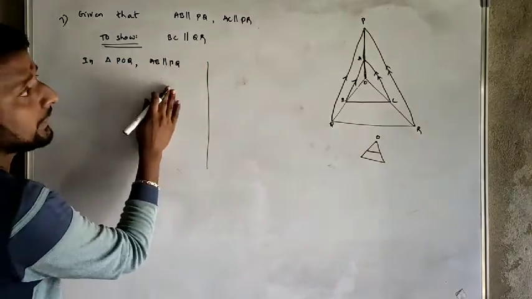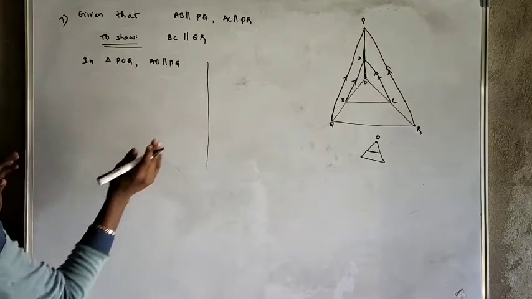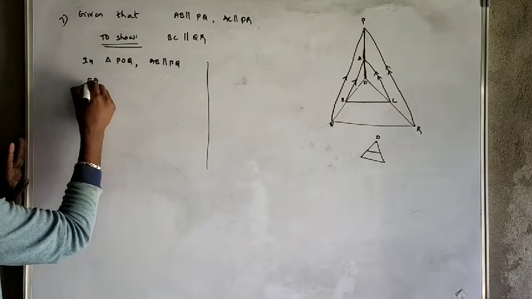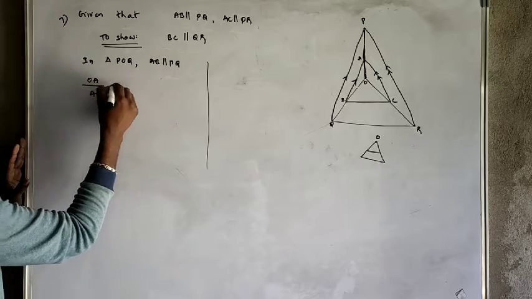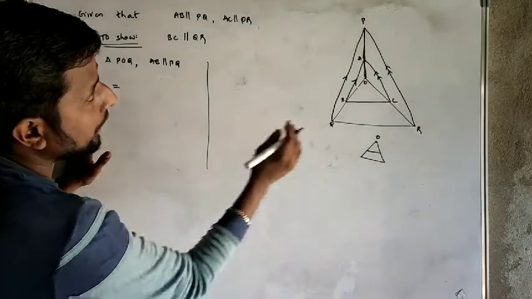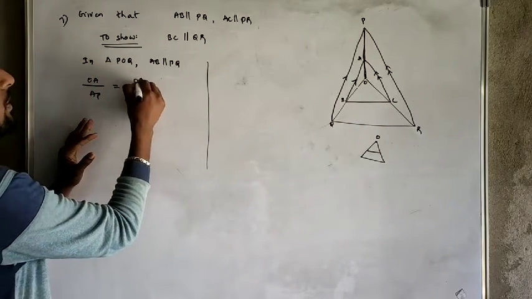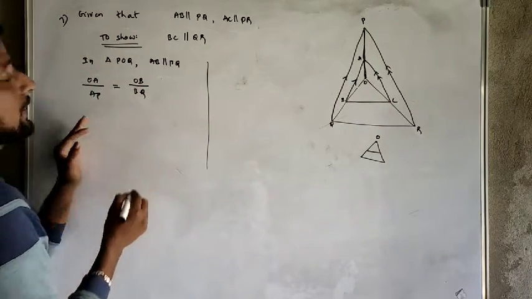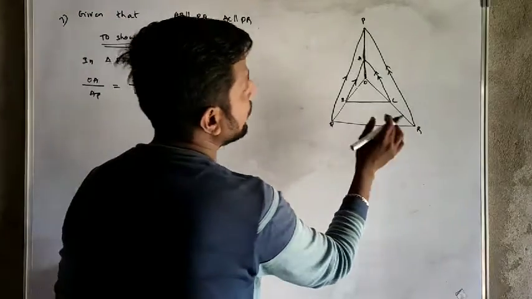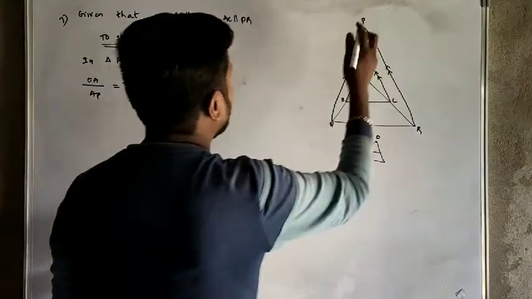So simple, we'll write as from basic proportionality theorem, OA by AP is equals to OB by BQ, right? Next, come back to POR triangle.